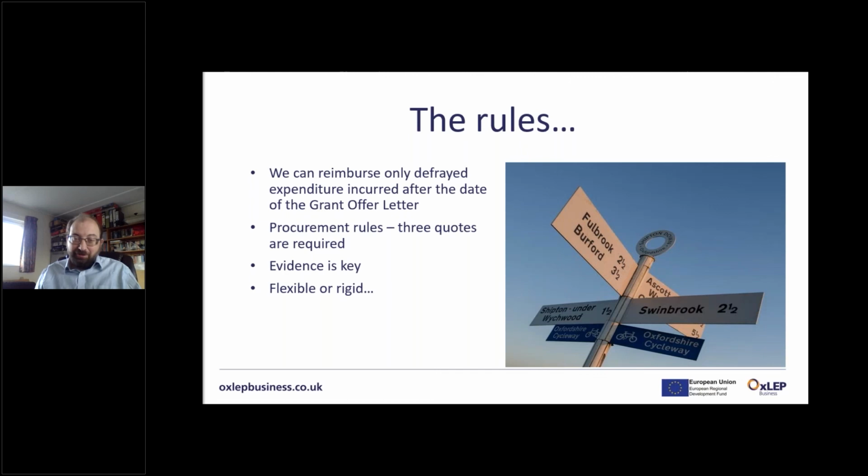Evidence is critical for everything. Evidence of activity, evidence of expenditure, in order for us to be able to reimburse. And I do get asked whether we're flexible or rigid. And the answer that I usually give is that we are as flexible as we can be within a very rigid framework of rules and regulations. Next slide, please.